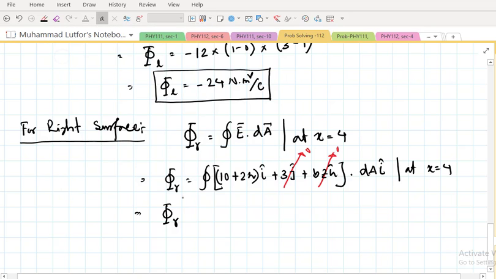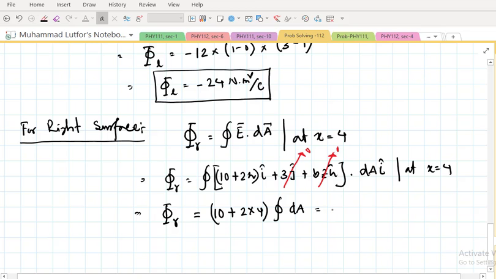Fine. Now I will find out this would be 10 plus 2 into 4. I put the value of x equal to 4, into dA, basically i dot i is 1.